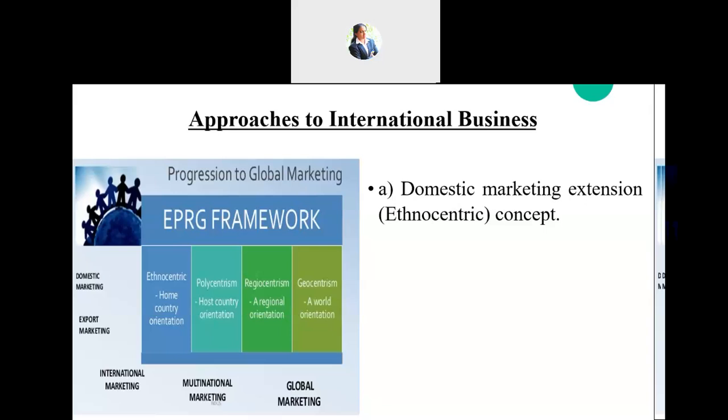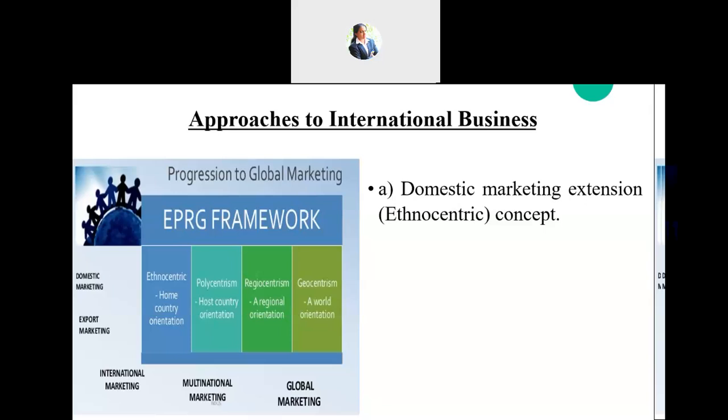And because they know that they are superior in the market, there would be no change in terms of product specification, or price, or how they do the promotion and other aspects, and it would be the same as compared to the native market.